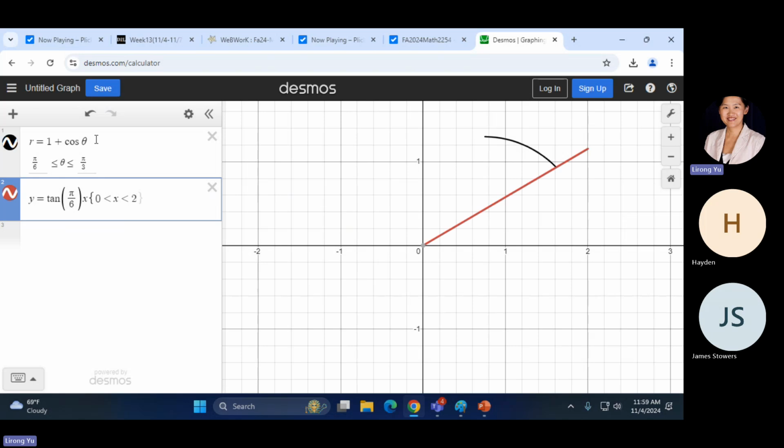We might have to calculate the radius from the formula. It's essentially 1 plus cosine pi over 6.